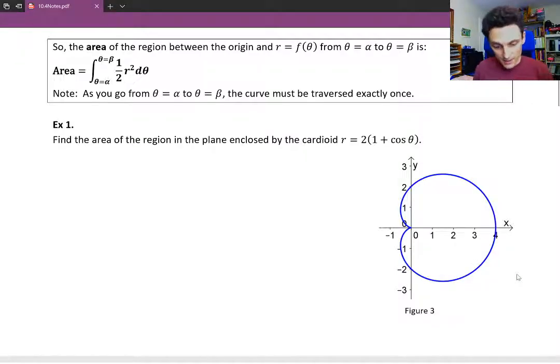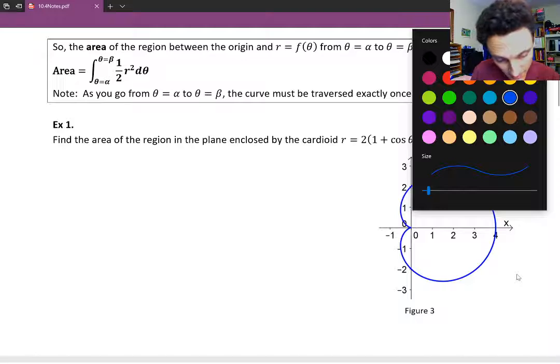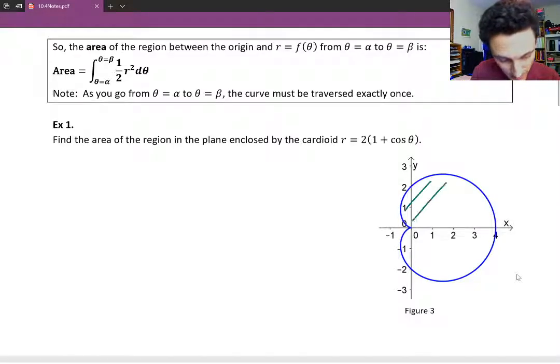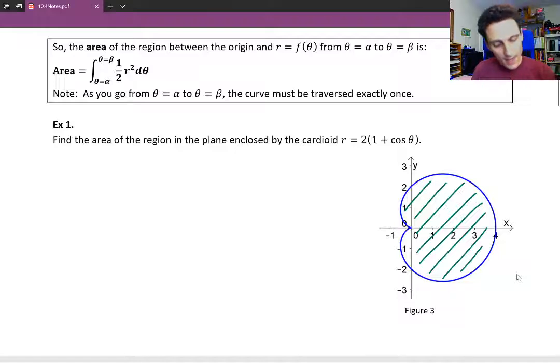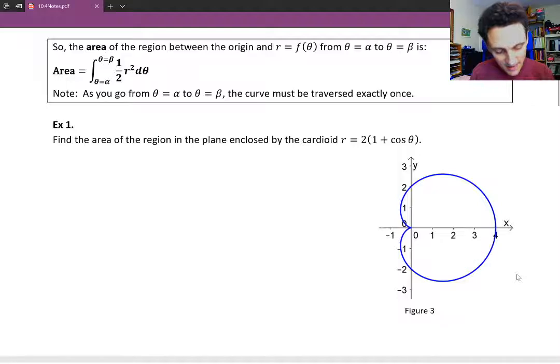When we look at this, if we want to find the area of this region that's enclosed by the cardioid, in other words, this area here, one way to help you remind yourself that the area is between the origin and the polar curve is maybe not to shade it like this, like I just did, but you can think about it as shading it like this, from the origin out to the polar curve.